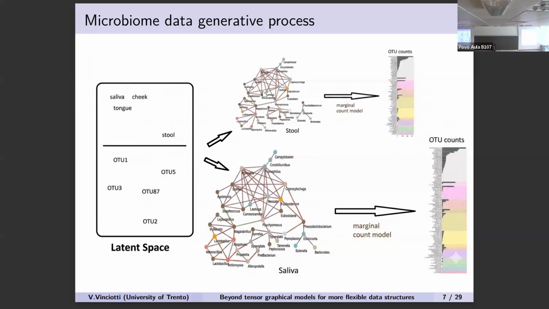If two things are close to each other in this space, they will generate networks that are similar to each other, and so on, the data. If they are far away, the two networks will be different, and so will the data. This is part of the generative process.